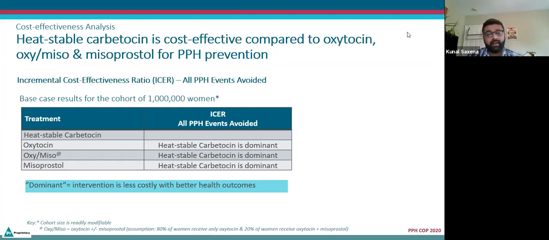When I say dominant, it essentially means that the novel intervention was not only associated with lower total costs, but with better health outcomes. So it results in cost saving as well as shows clinical superiority over the other treatment options in this model.